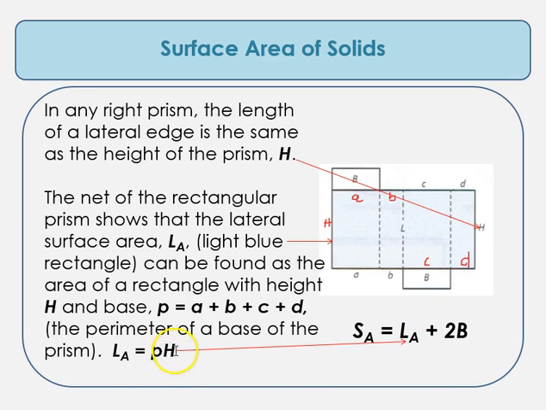This is the same as saying base times the height in our rectangle formula that we had before. So let me say that again. Instead of using base times the height, we're now using perimeter times the height.